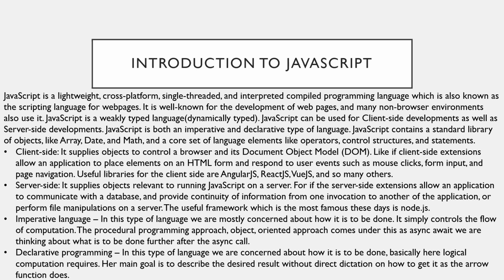JavaScript contains a standard library of objects like array, date, math, and a core set of language elements like operators, control structures, and statements.